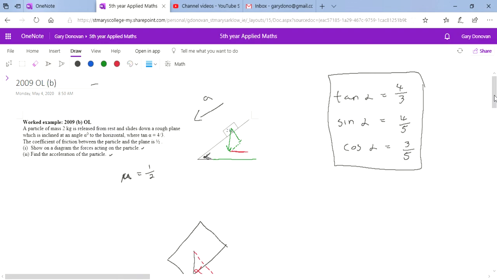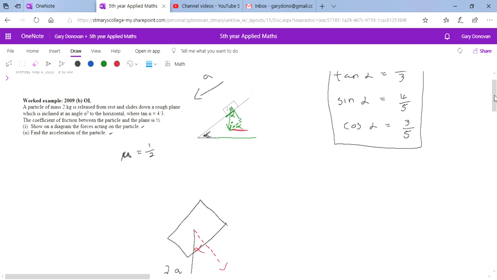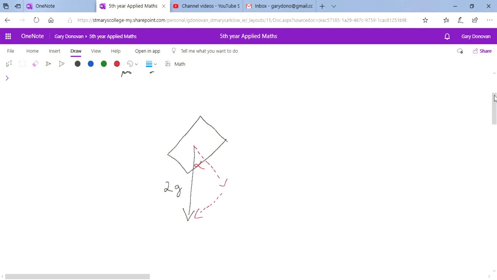This dashed green line would be the same as this line, and because this is horizontal, that angle would also be alpha, which makes this angle 90 minus alpha, which makes the top angle alpha. So have a think about that yourself, but you can really just learn that that's always alpha.